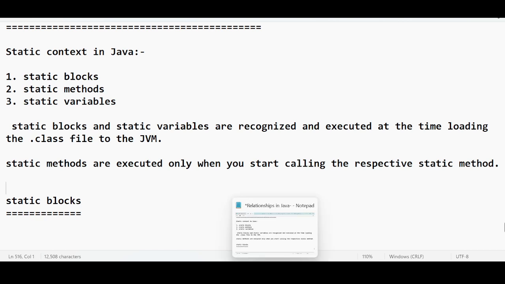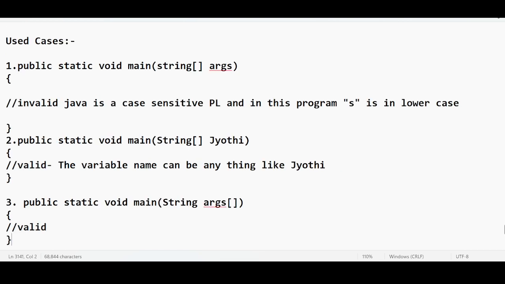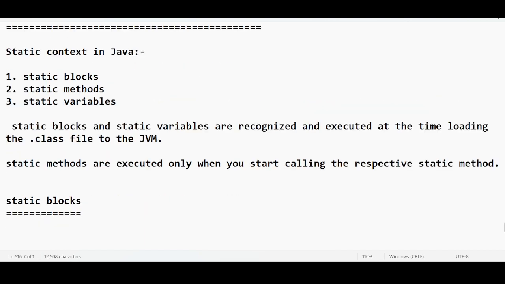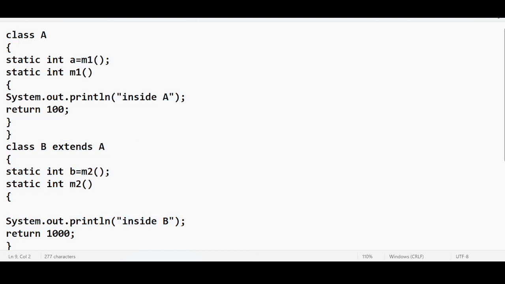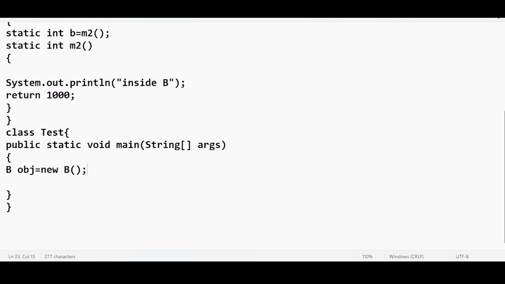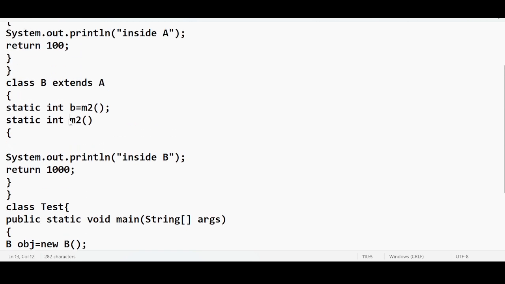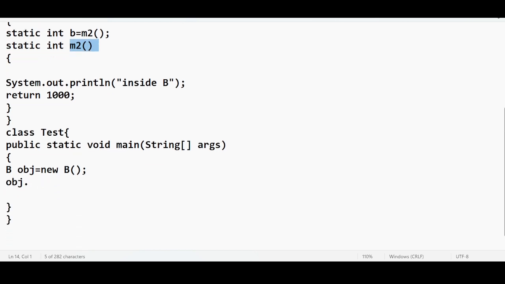You will just give a call like this. It has nothing to do with anything. So you can call that method directly with the help of the class name. Obj dot m2, when you do the m2 call, m2 will get executed.